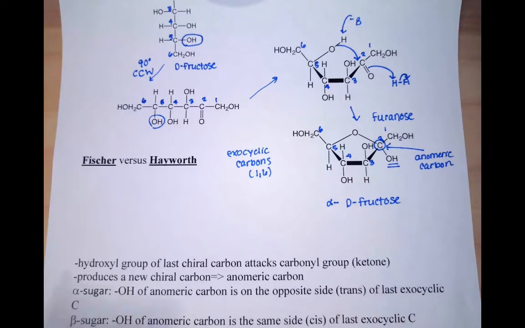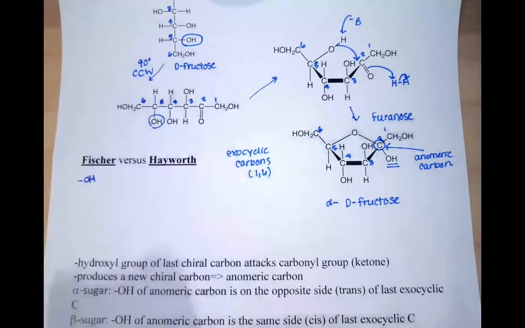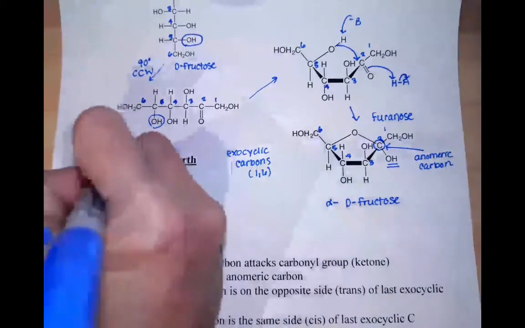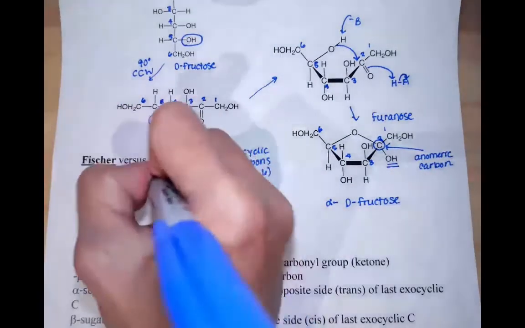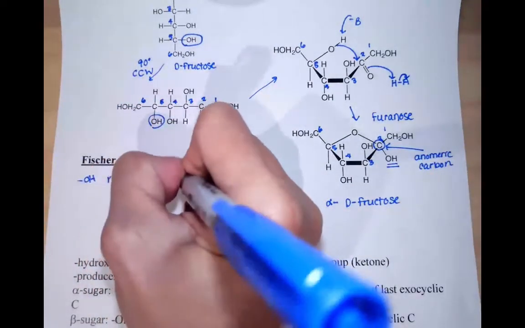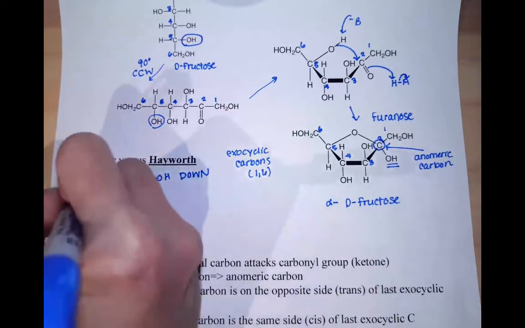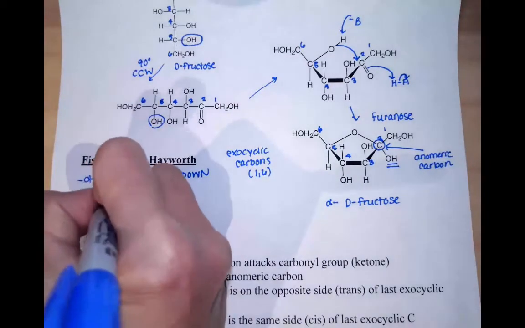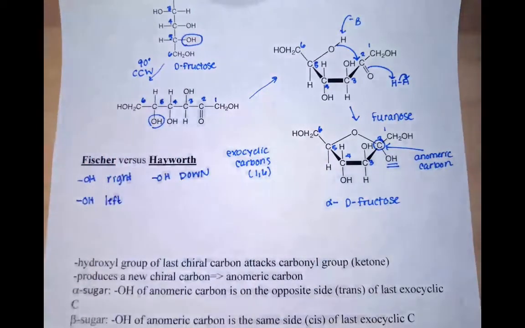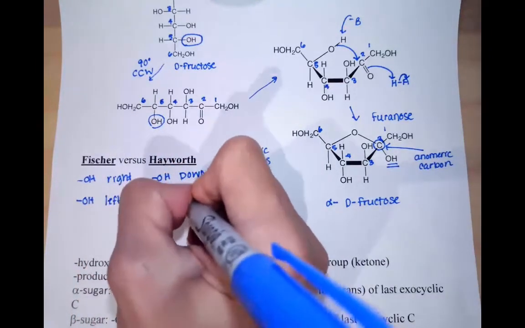If in the Fischer projection, the hydroxyl group is on the right, then it's going to be down in the Haworth projection. If the hydroxyl group is on the left in the Fischer projection, then the hydroxyl group will be up.